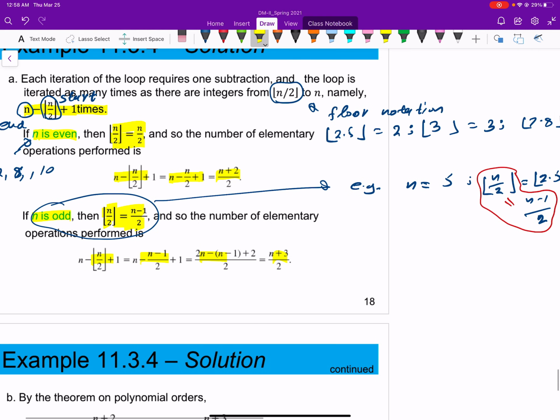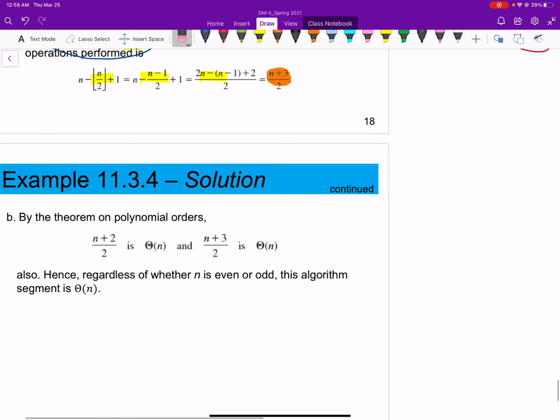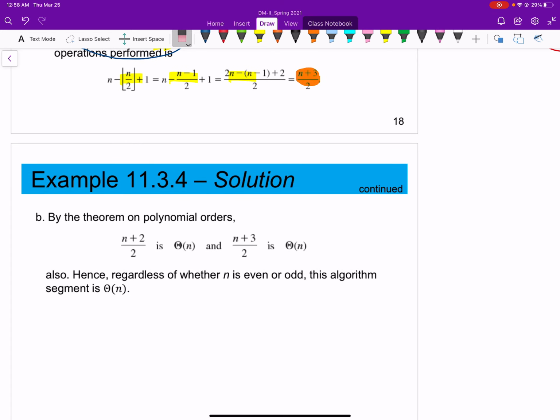Now you got two numbers. The first number is this. The other number is that. When n is odd, you get this number. When n is even, you get that number. Now you have to compute the order of the polynomial.